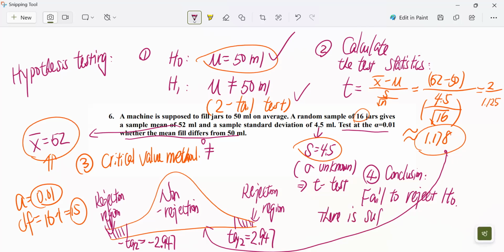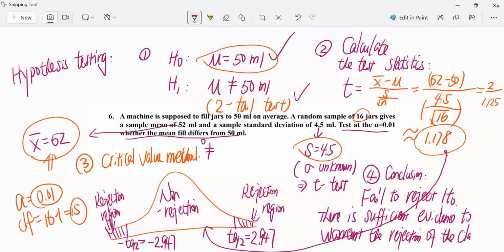Sufficient evidence to warrant rejection of the claim that the mean fill differs from 50 milliliters.